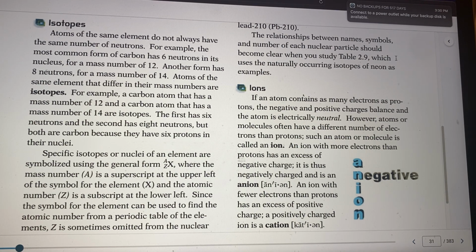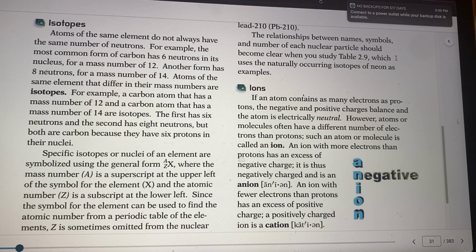So basically when atoms of the same element have the same number of protons but a different number of neutrons, this is called an isotope. So isotopes are atoms of an element that have different numbers of neutrons, like carbon having 6 or 8. You might take the mass number of lead.